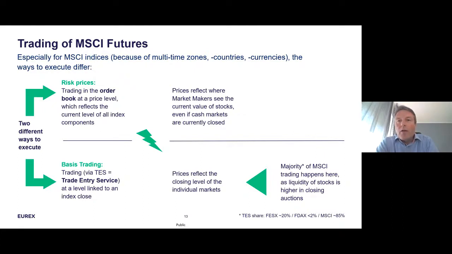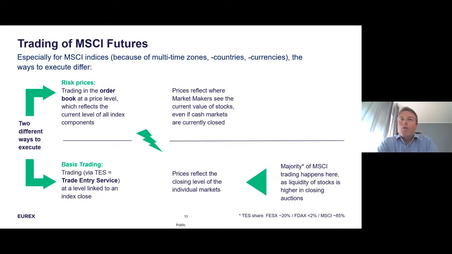When you compare it to Euro Stoxx, for example, the block share is only like 20%, and for DAX futures just 2%. So here you can see why we decided to do this just for MSCI products.